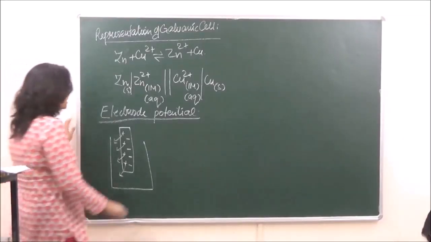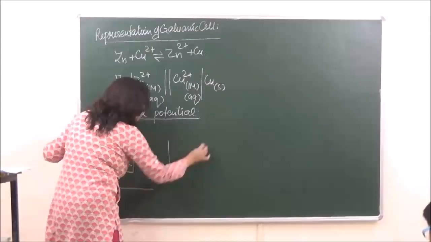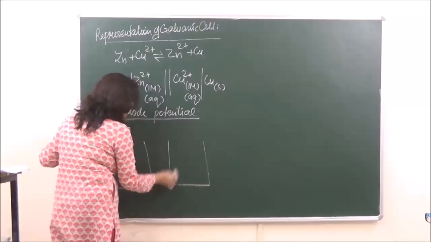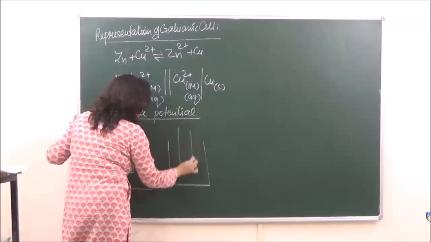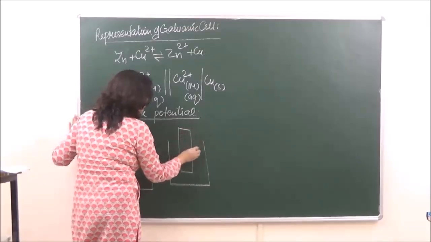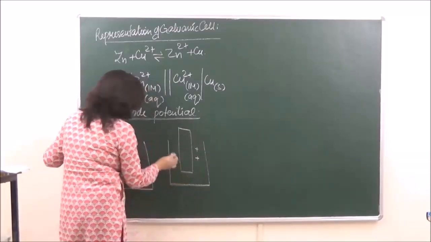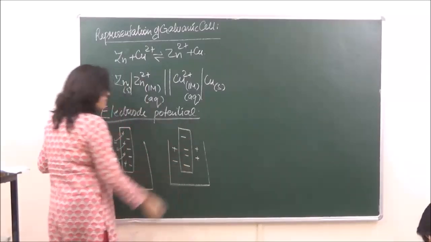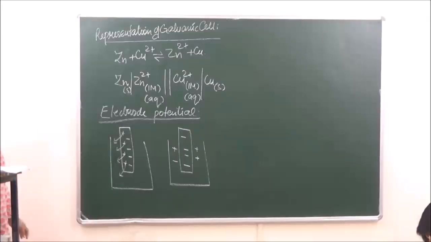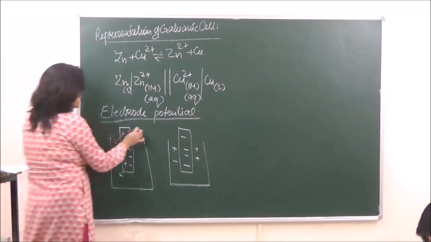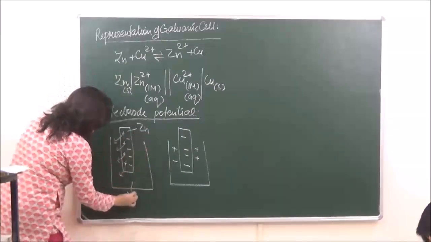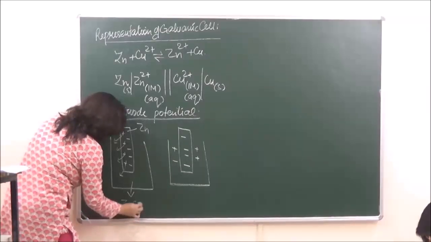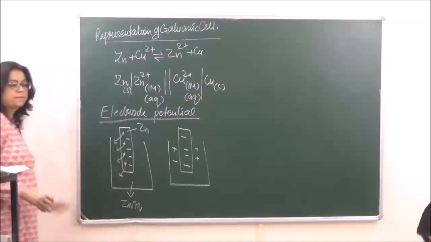Now if the positive charge is moving out of the zinc plate, then what is going to happen over here? All the positive charges go into the solution and the negative charges are left behind in the plate. Right? This is what happens when we are placing a plate of zinc in zinc sulfate solution.